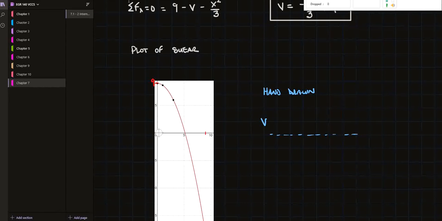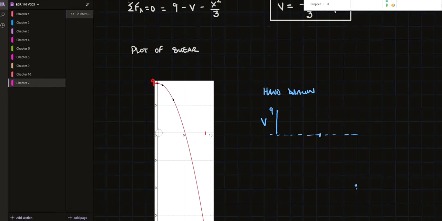So here we go up to 9. We push up to 9 because of the reaction. Then we head down 1, 2, 3, 4, so down to 18 over here.